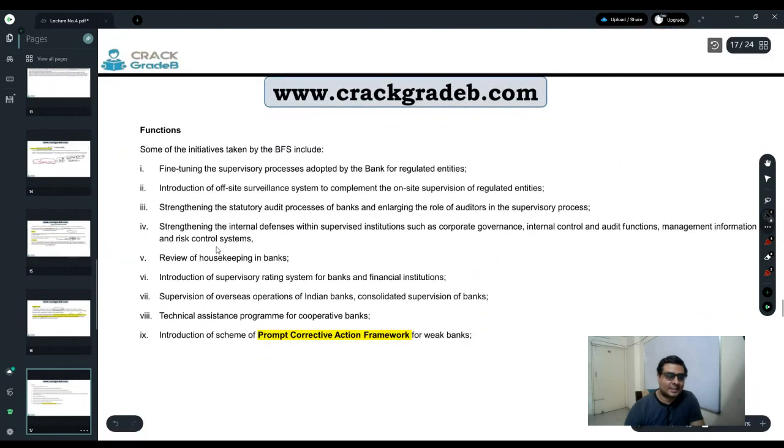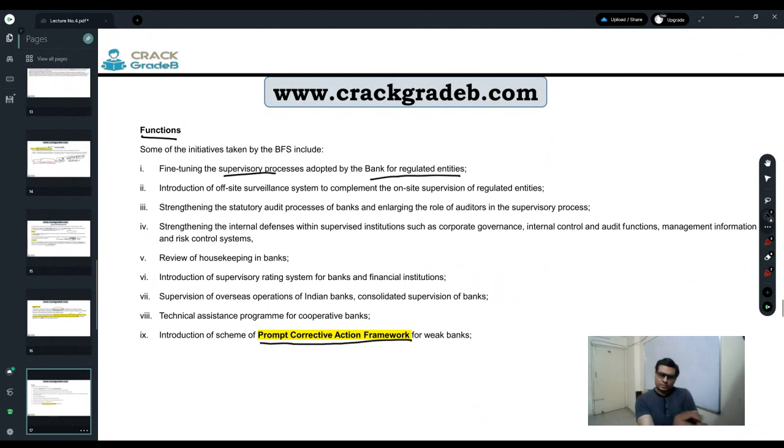Now let's discuss what they actually do as a function: fine tuning the supervisory process and so on for the regulated entities. You just read those things, right? That's nothing very important. All of you basically know that. The one which I have highlighted here is the prompt corrective action framework.